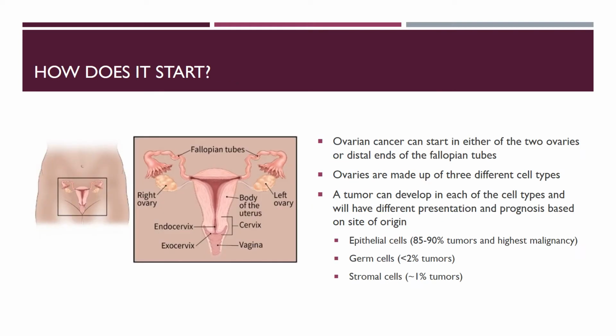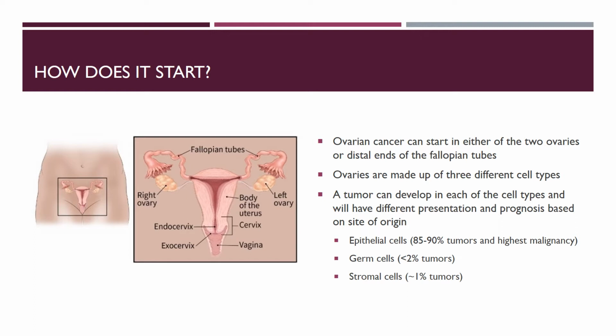So ovarian cancer can start in either of the ovaries, and more recently it's been discovered that it can start as well in the far end of the fallopian tube. So this end, and then in either of the ovaries.